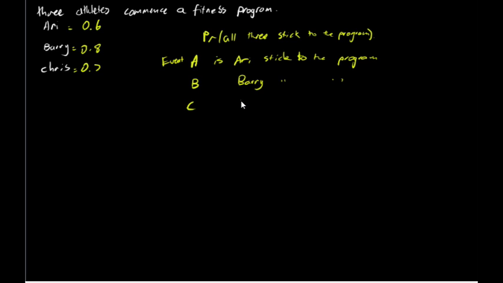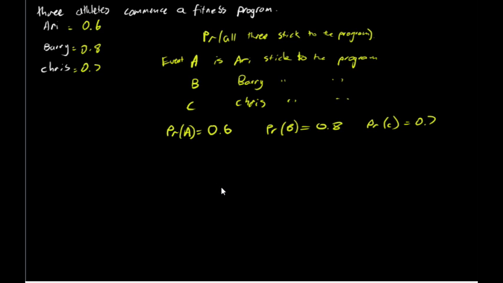And C is obviously that Chris sticks to the program. So therefore we can say the probability of A is 0.6, the probability of B is 0.8, and the probability of C is 0.7.